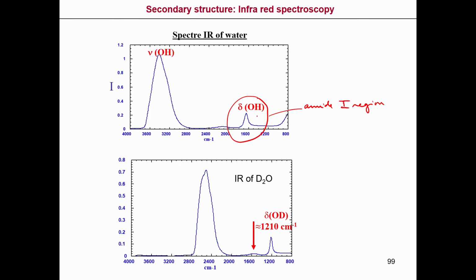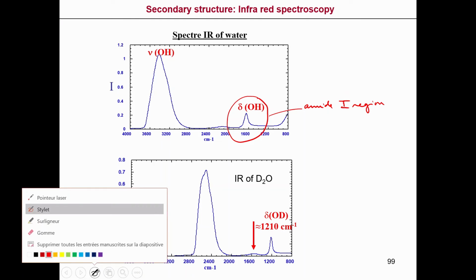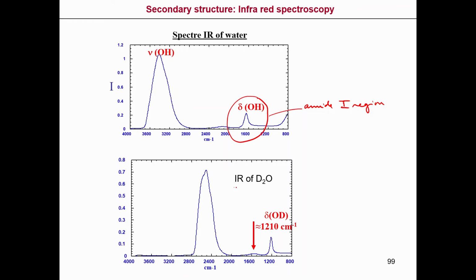Okay, so what we do, we record the infrared spectra of the protein in D2O and not in H2O. D, you know what it is? It's the isotope of hydrogen, deuterium, right?